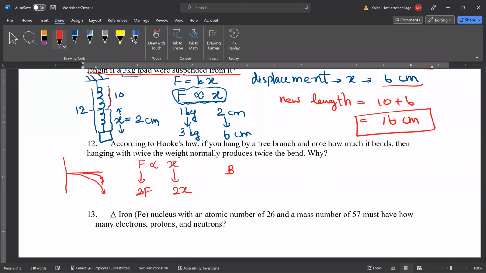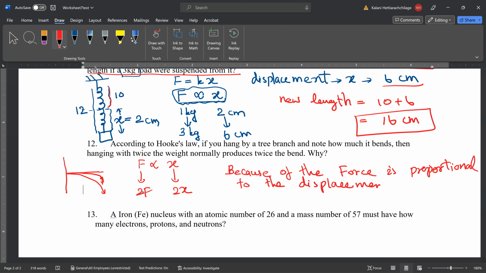The reason why, the question is why, is because the force is proportional to the displacement according to Hooke's law.